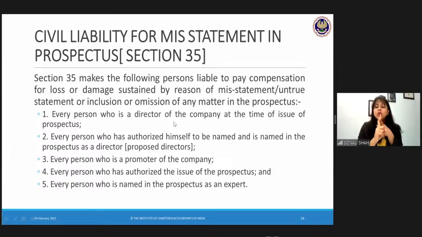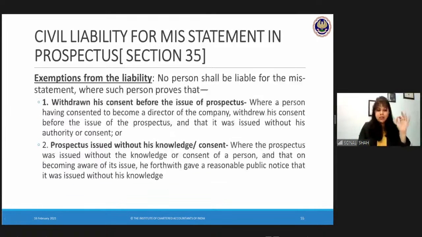He will be able to claim the compensation from the director of the company, from the people who have authorized themselves to be the director, like the proposed director, from the promoters of the company, from the people who have authorized the issue of the prospectus, and the person who is named in the prospectus as an expert. From all these people, he will be able to claim the damages.